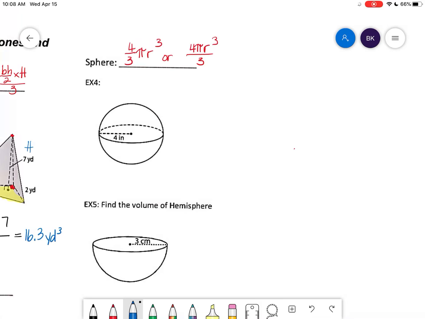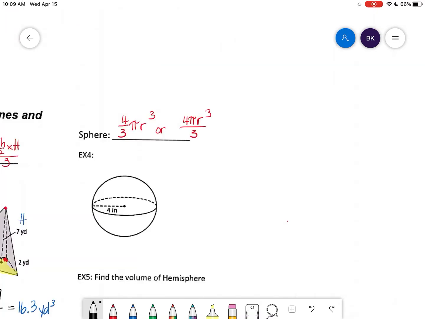The formula to find the volume of the sphere is 4/3 times pi r cubed, or you can also write it as 4 times pi times r cubed, and everything divided by 3. Now we're just simply going to plug things in.